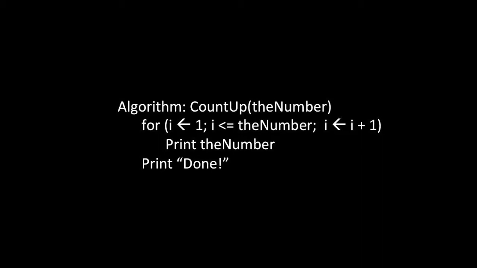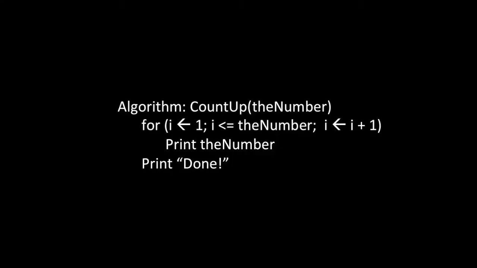Next, we'll check to see if i is still less than or equal to the number. If that's true, I'll print the number again, executing the body of the loop, and increment i by 1. And so forth until eventually i is no longer less than or equal to the number, in which case the loop will terminate and I'll print done.